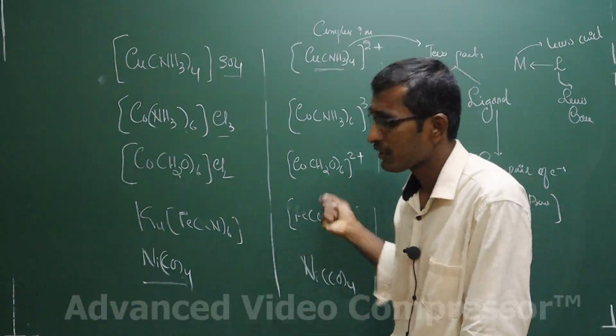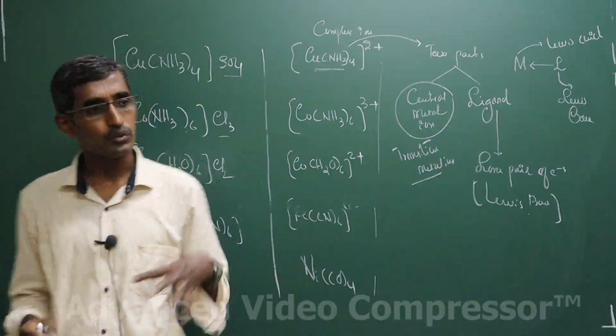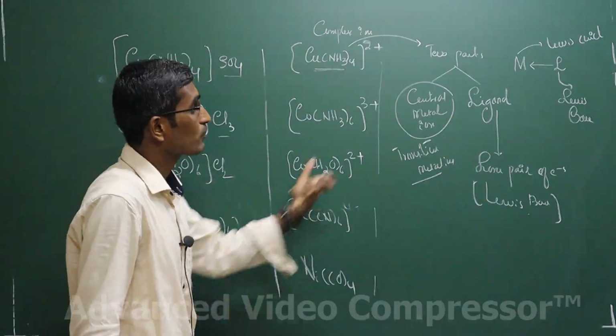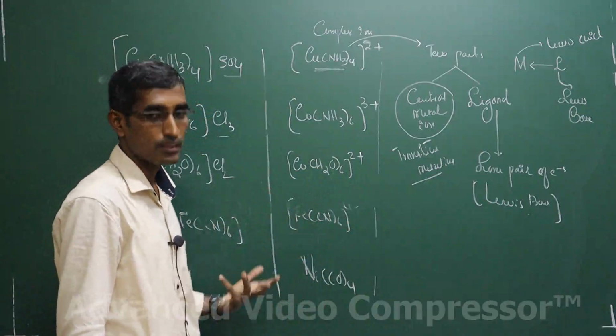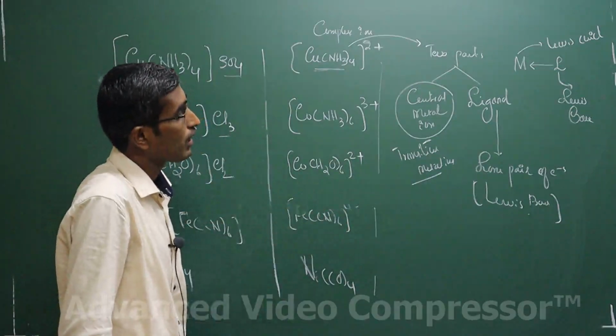We have back bonding also, but it's very rare, in the carbonyl complexes and so on, which we will go through. So the main bond, which made us say it is a coordination compound, is the coordination bond between the ligand and the metal. So the ligand donates a lone pair of electrons to the central metal ion.